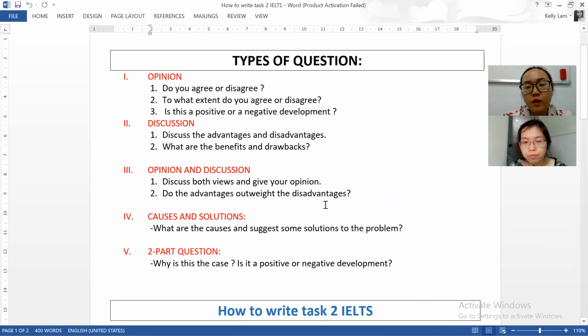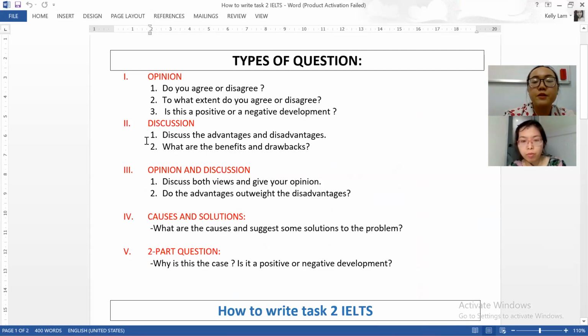Because you are just proposing solutions, they are not 100% exact or correct. So you cannot say, I think the government has to do this. But you have to say, maybe the government can do this, or the government should do this. Maybe it will help. So everything is not certain. When you give them a solution, nothing is certain.